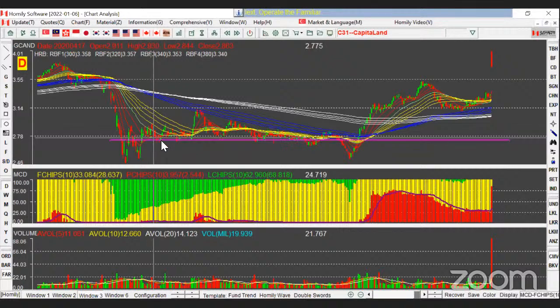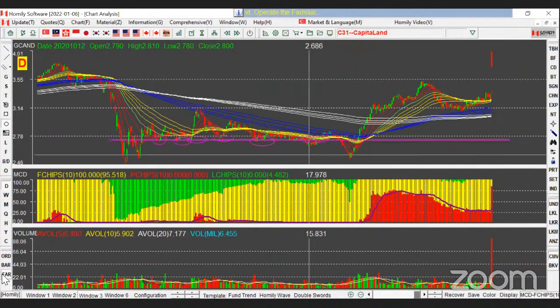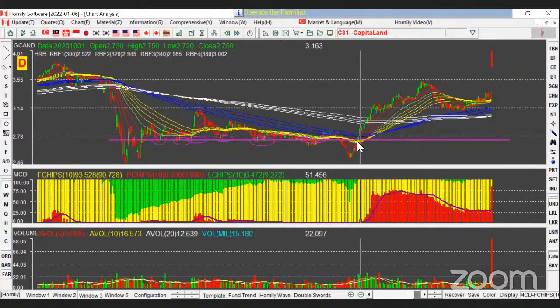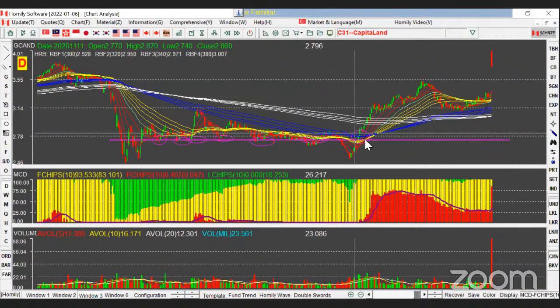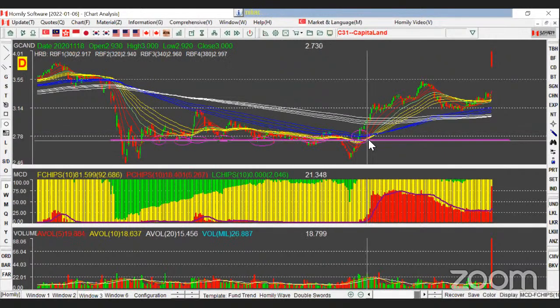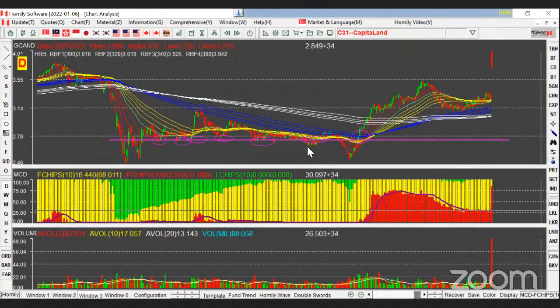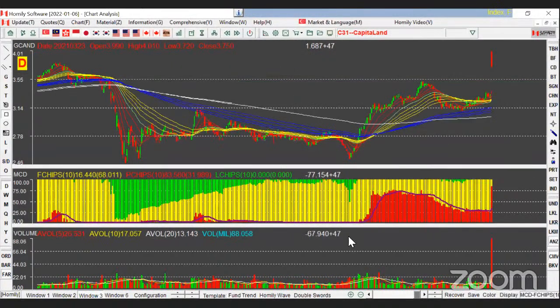Every time the price touched here, the support held many times, and the price went up above the level again, also above the blue line, and we have the big boy more than 25%.